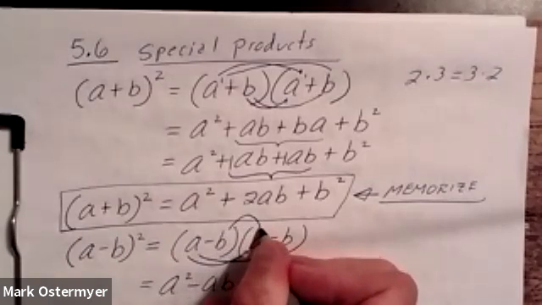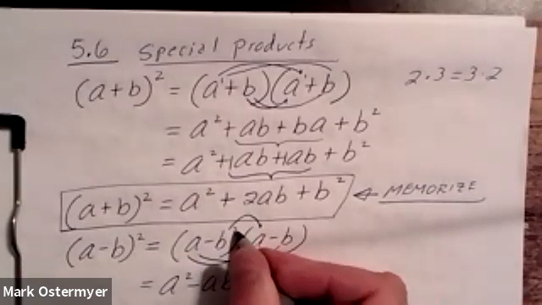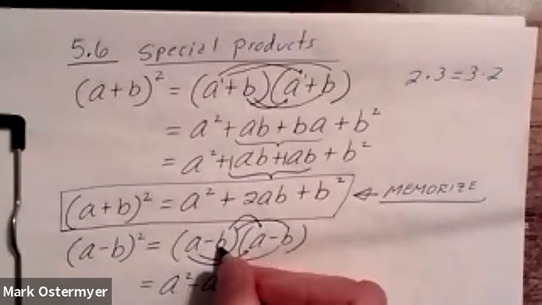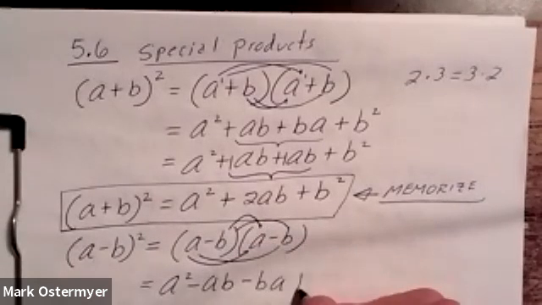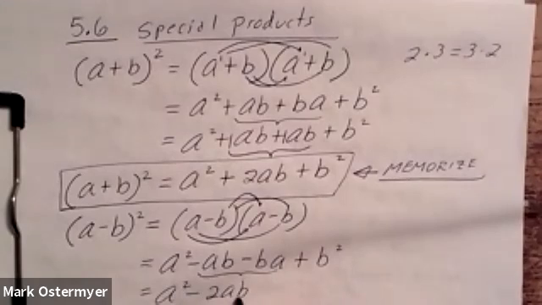Multiplying the inner terms together, negative b times a is minus ba. Multiplying the last terms together, what's a negative b multiplied by a negative b? That would be plus what? b squared. Notice these two middle terms are like terms. They really are the same. So we would have a squared minus 2ab plus b squared.